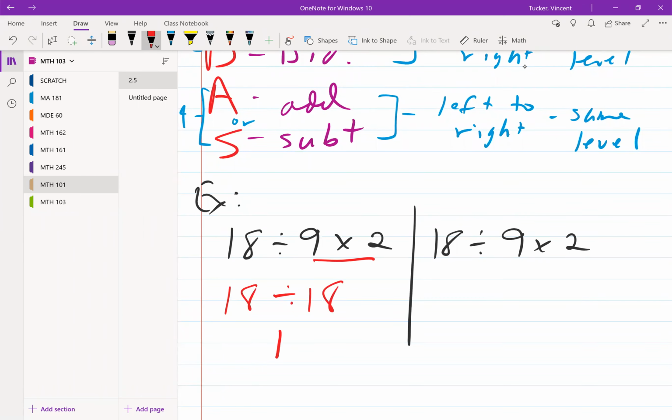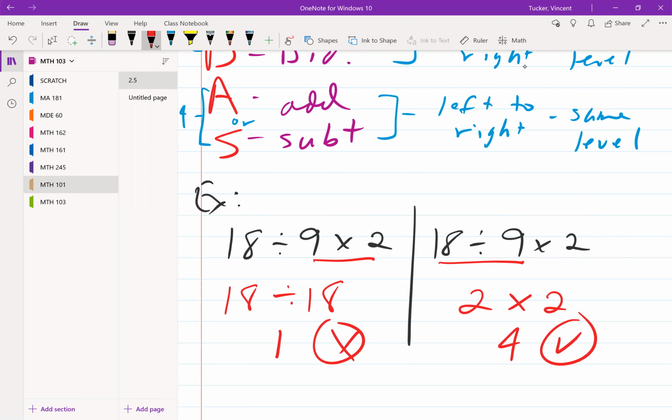And 18 divided by 18 is 1. This is actually incorrect. First thing you would do is division. Remember I said that when it comes to multiplication and division, you would do it from left to right. That means if division comes first in your problem, then you would do division before you attack the multiplication. So 18 divided by 9 is 2. And then 2 times 2 is 4.